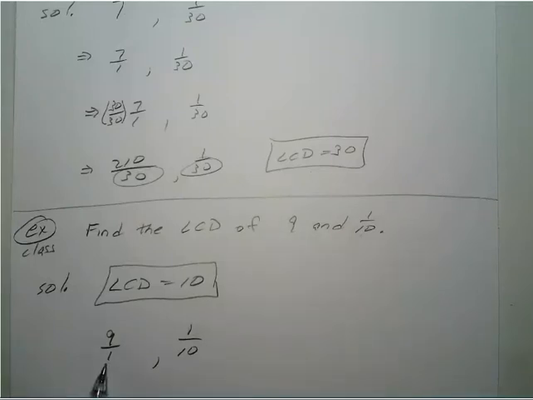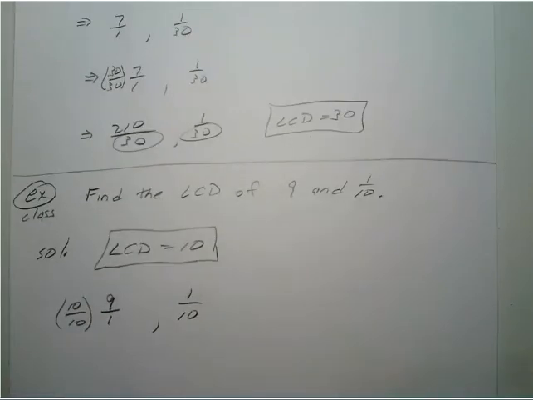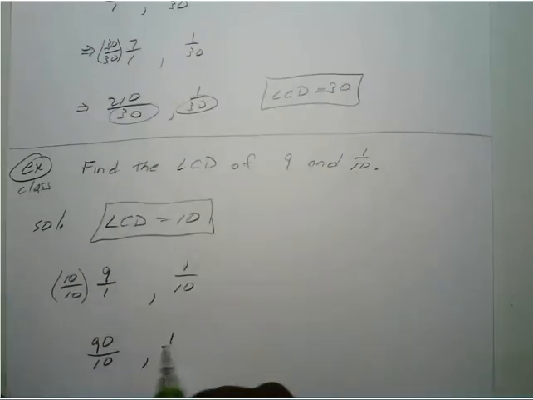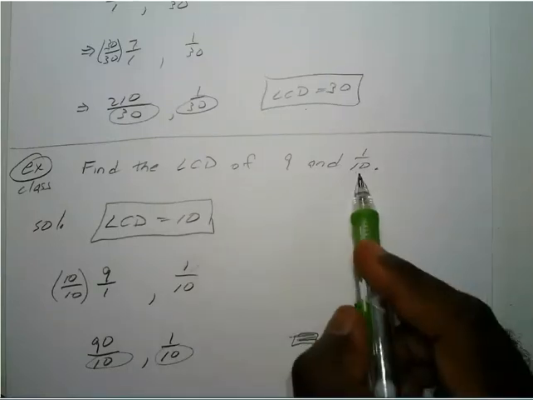So how do we get a 10 in this denominator? Well, we multiply it by 10 over 10. So 10 times 9 is 90 over 10. And this is 1 over 10, which gives us our least common denominator. But we saw that right from the beginning.